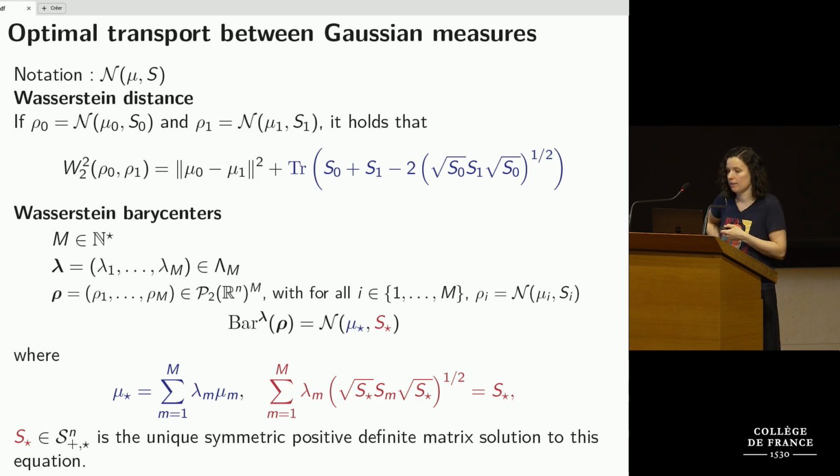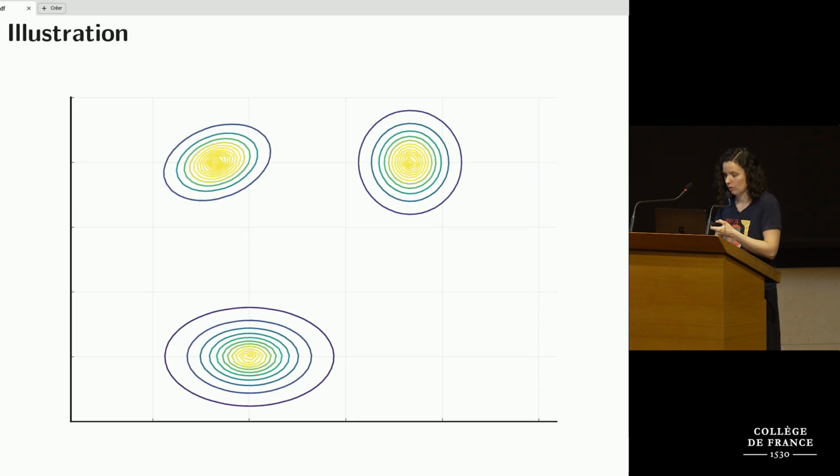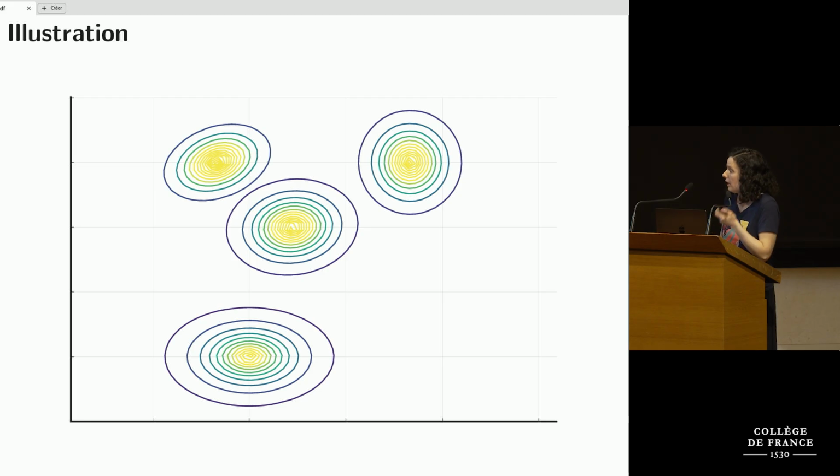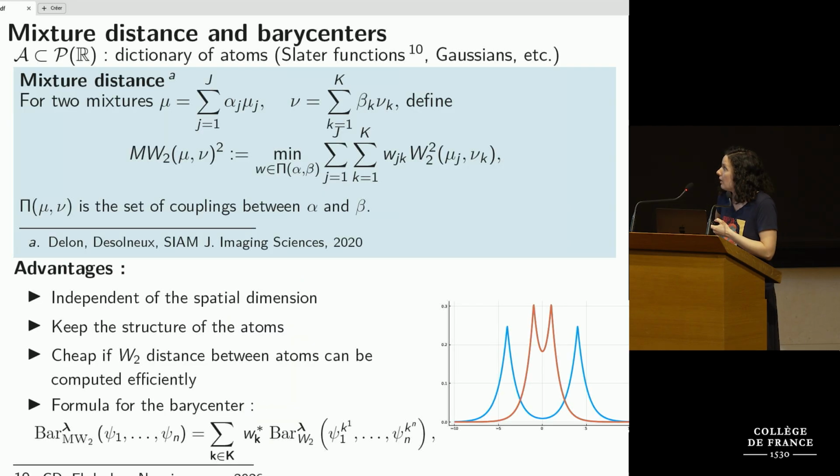We also have that the barycenter between Gaussian measures is also a Gaussian, where the formula for the center is explicit and the formula for the covariance matrix is not fully explicit, but it's just a solution to some nonlinear equation which can be easily solved. If now we look at the barycenter between those three, we will have another Gaussian somewhere in the middle.